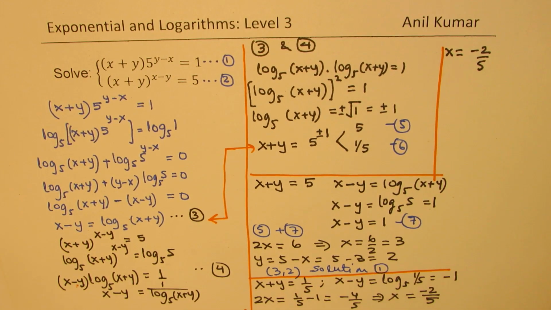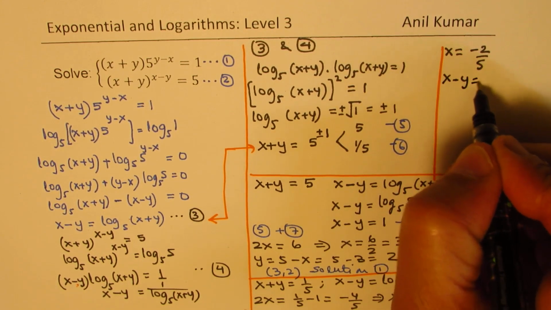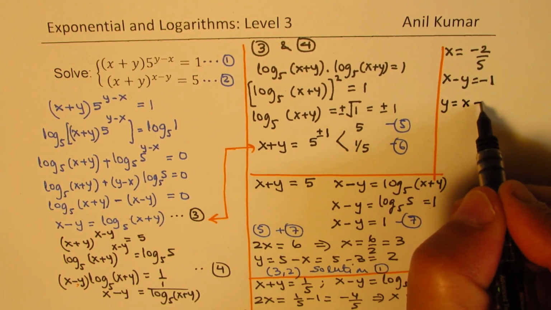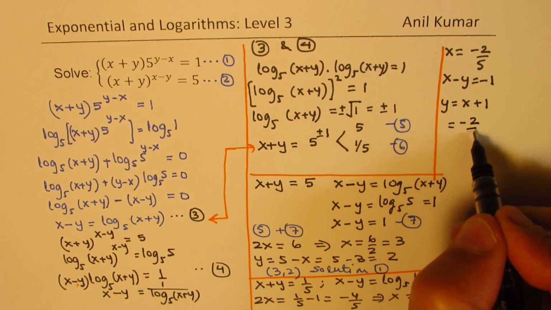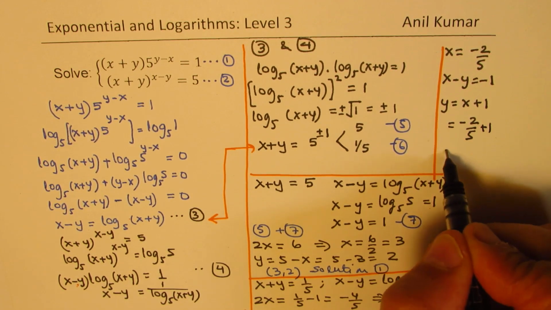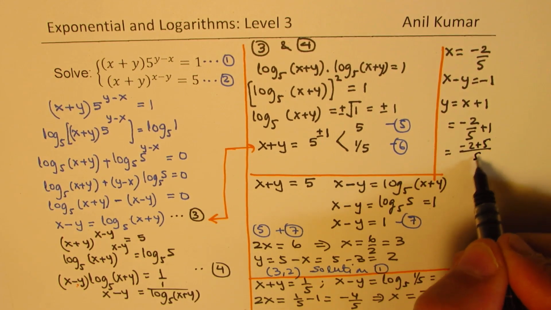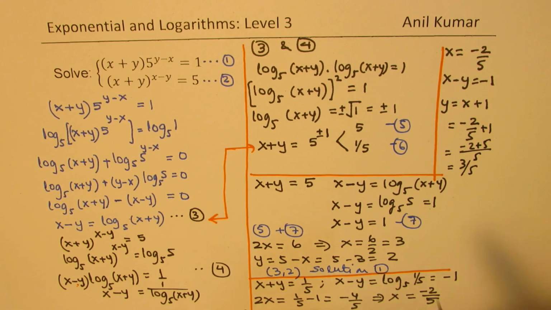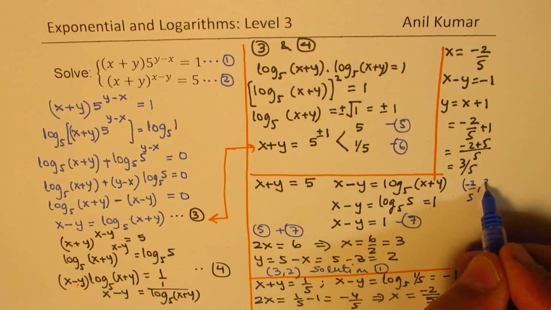And we know that x minus y is minus 1. So that means y is x plus 1, correct? Okay. So we get minus 2 over 5 plus 1, that gives you minus 2 plus 5 over 5, which is 3 over 5. So the second solution which we get is minus 2 over 5 and 3 over 5.